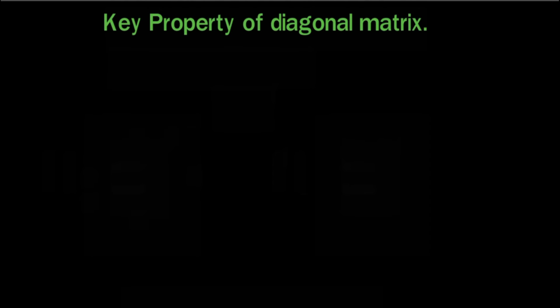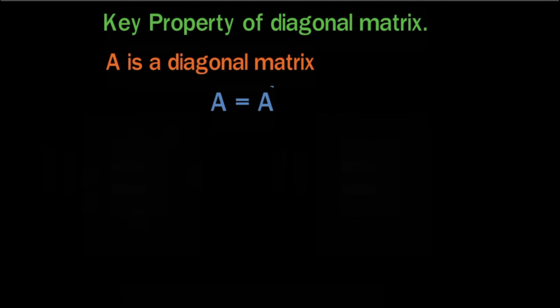So let's move on to the properties of a diagonal matrix. What is the key property of a diagonal matrix? Let's say A is a diagonal matrix. If A is a diagonal matrix, A will be equal to A transpose.